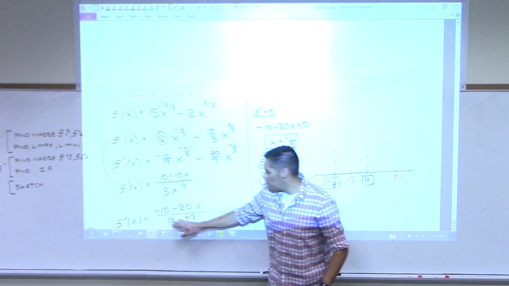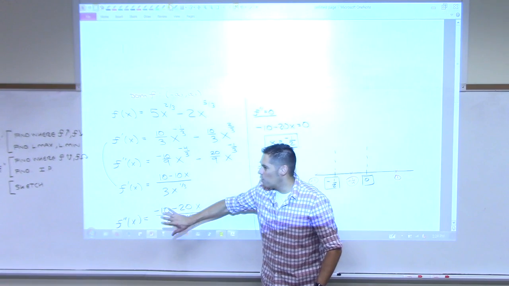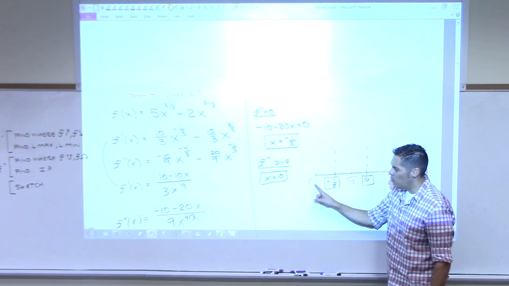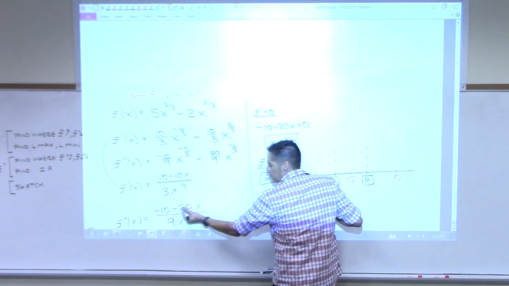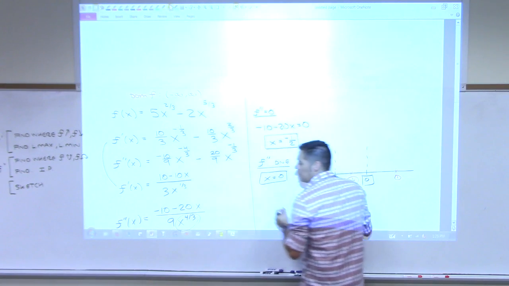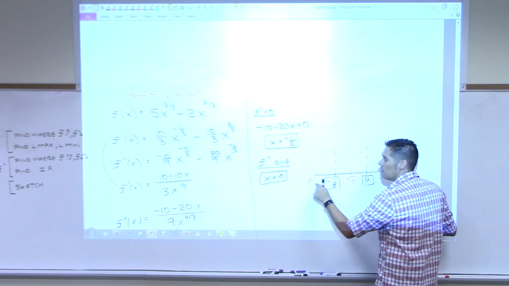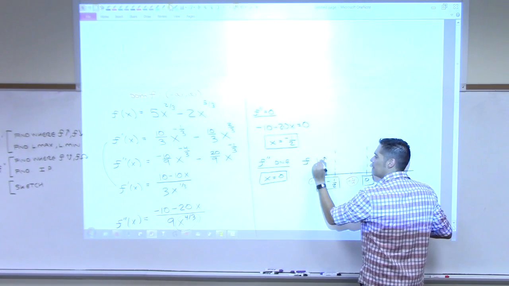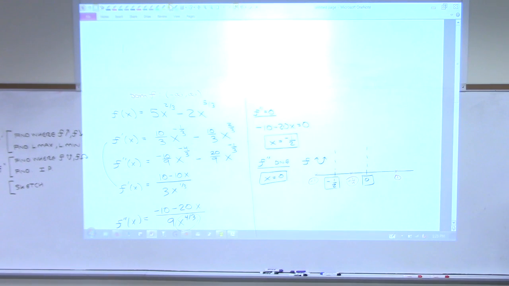So do you agree that no matter what, the bottom is always positive? So let's not even worry about the bottom. Let's just look at the top. What happens if I plug negative 1 into this for x? Well, that becomes positive 20, and then take away 10. That's positive, right? So I get a positive here, which means my function is going to be happy. Positive, happy person, happy function.